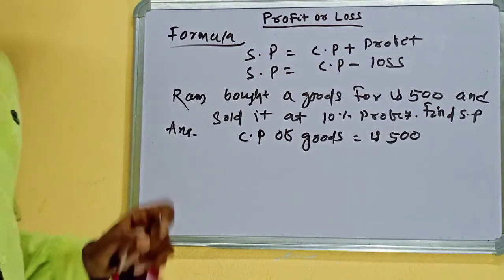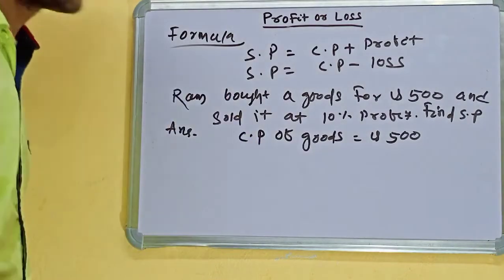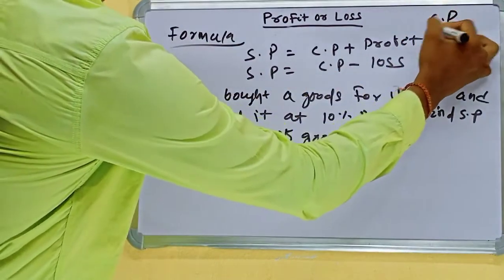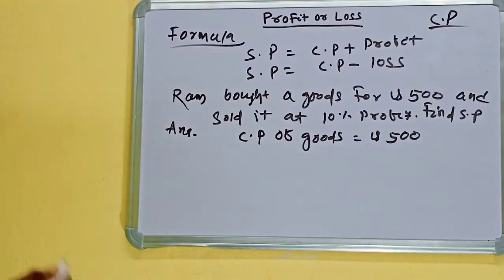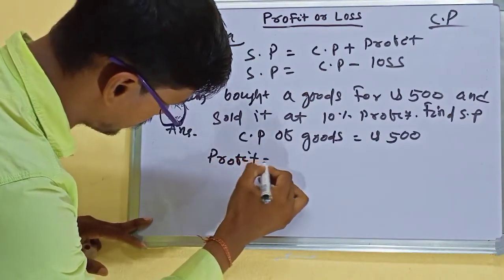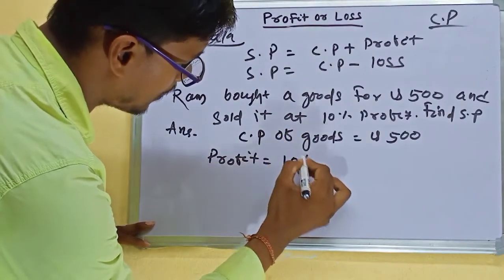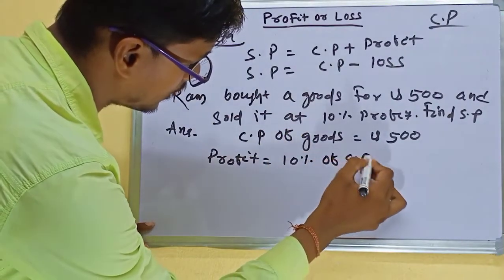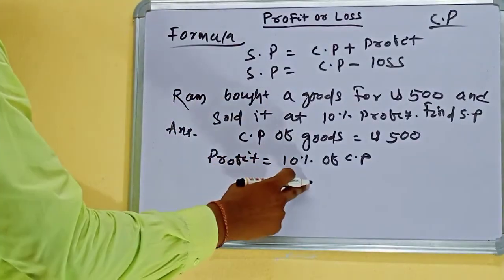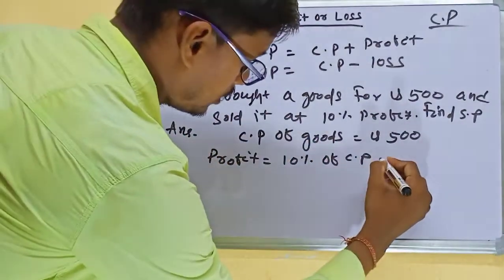Percentage of profit or loss is always calculated on CP. Then the profit is equal to 10% of CP.